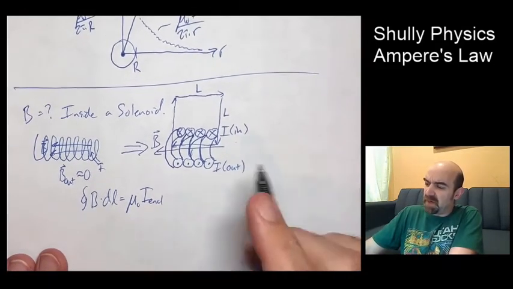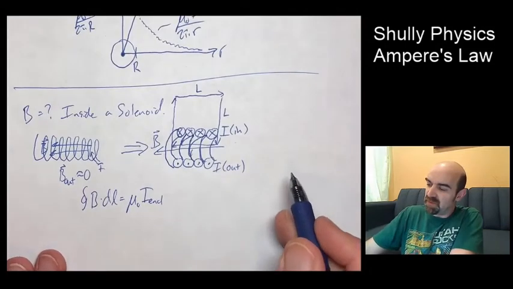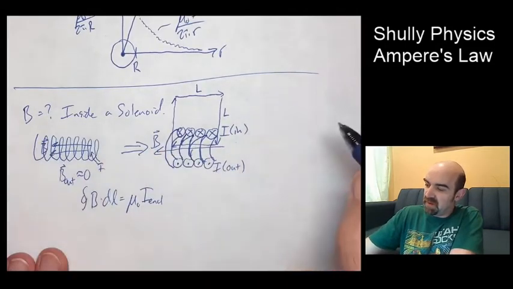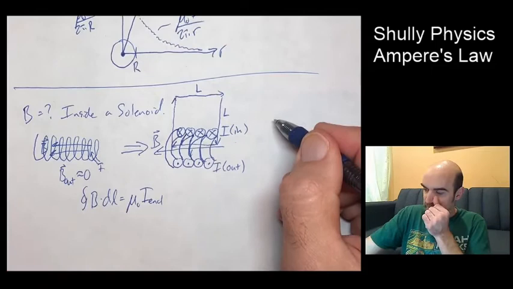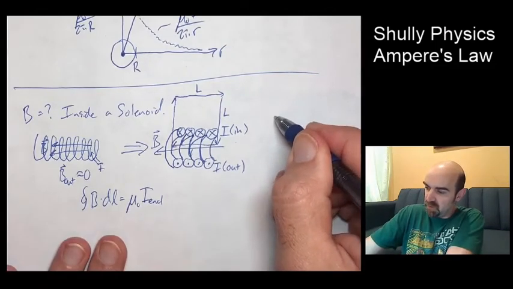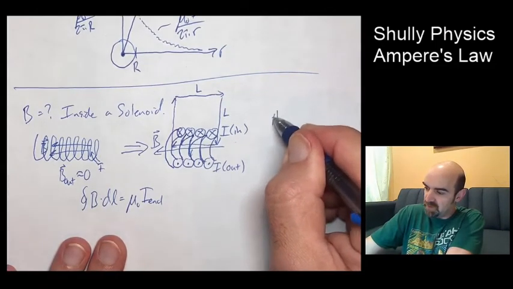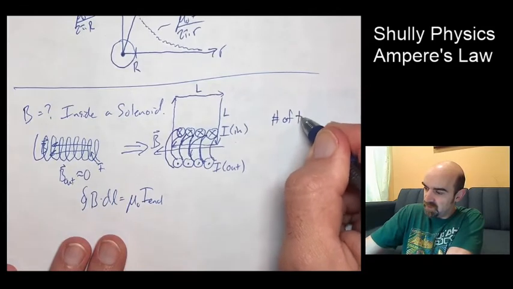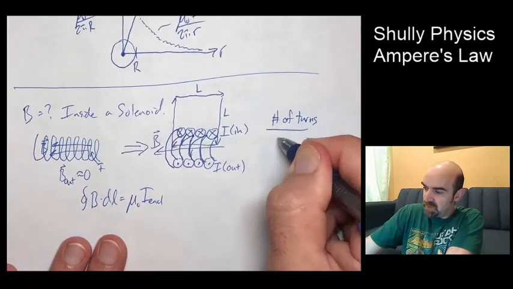We might need a few properties of the solenoid itself. I guess we would need the number of turns per unit length.